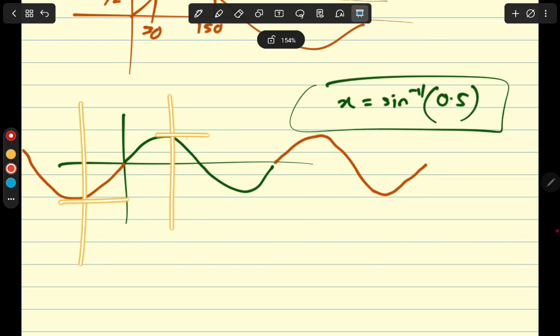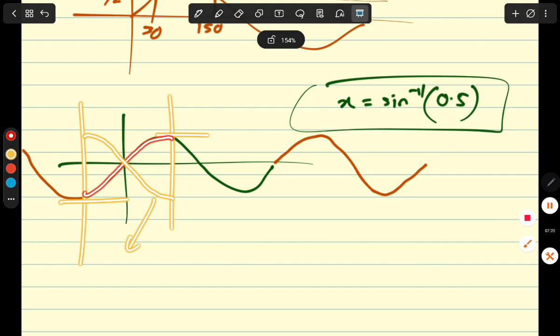So the graph that the calculator actually considers is this one, and when you try to find the inverse of this graph, it goes like this. So this is the inverse sine function, okay?